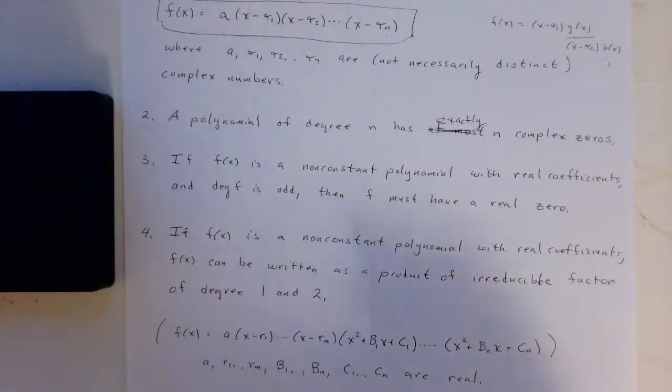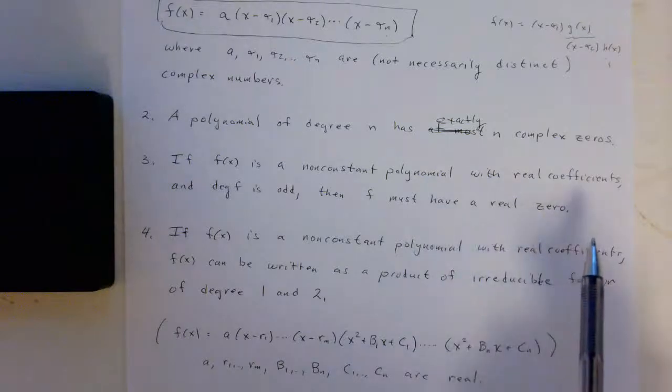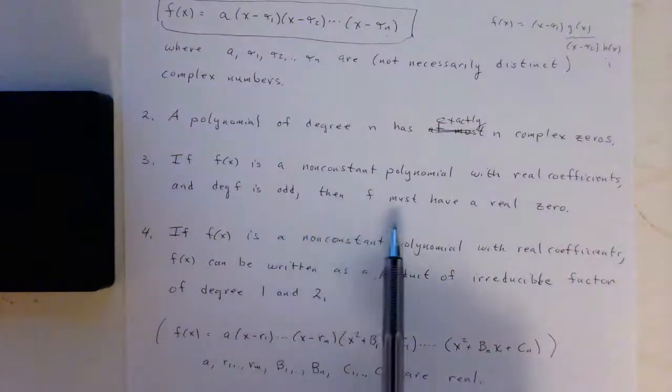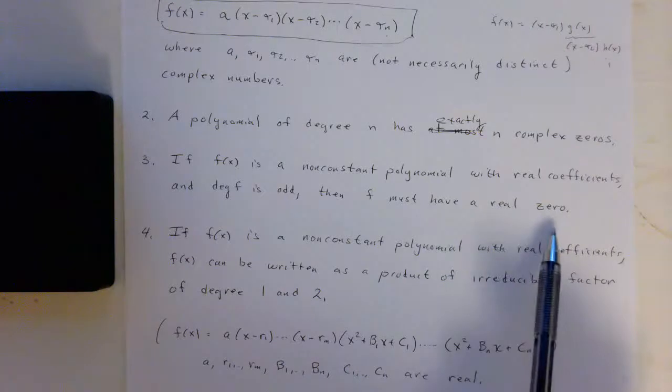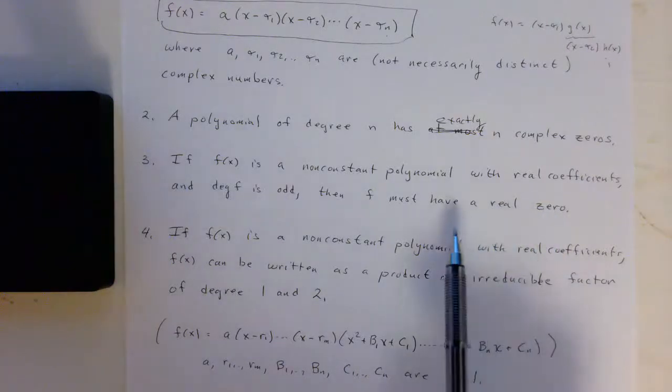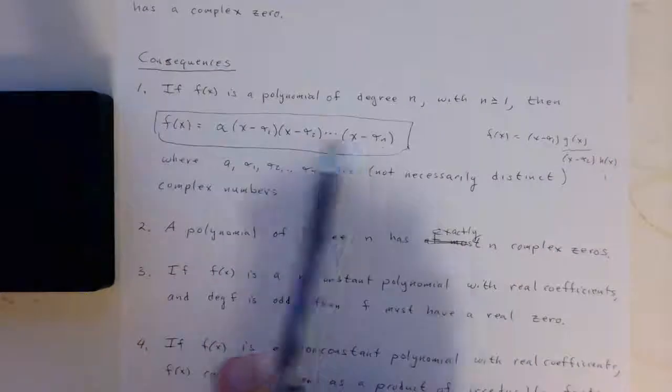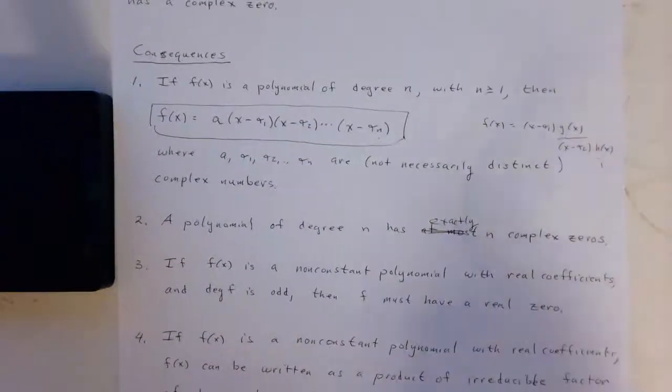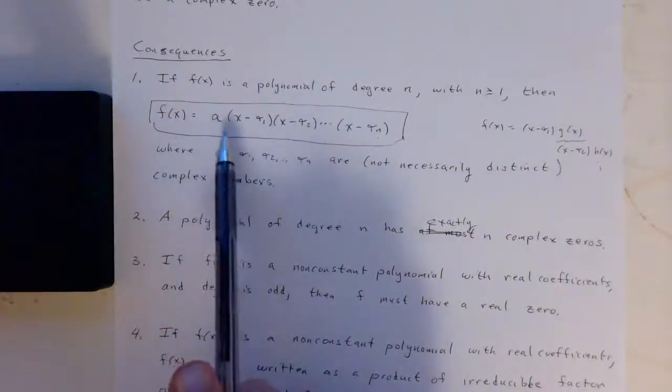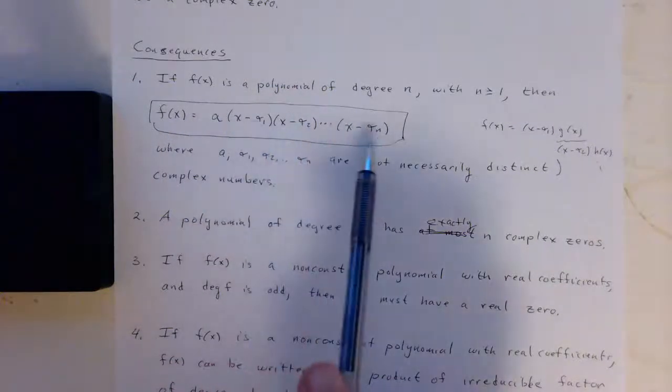If f is a non-constant polynomial with real coefficients and the degree is odd, then f must have a real zero, because if it had only non-real zeros, they occur in pairs. So you'd have an even number of factors here, but you can't have that, since the degree of this polynomial is equal to the number of zeros it has.